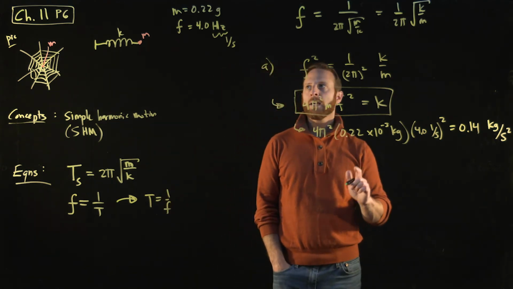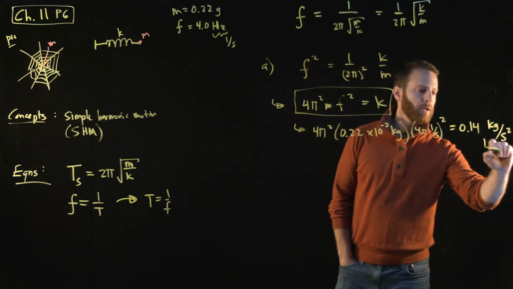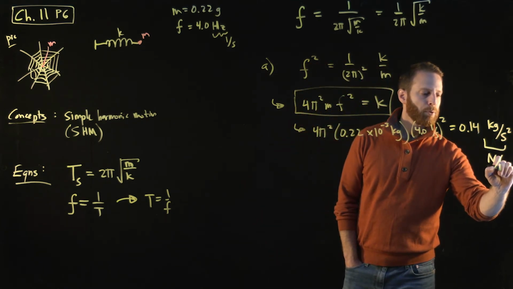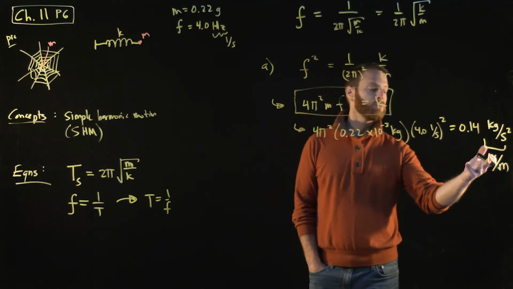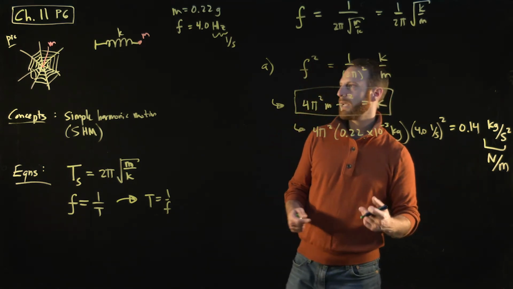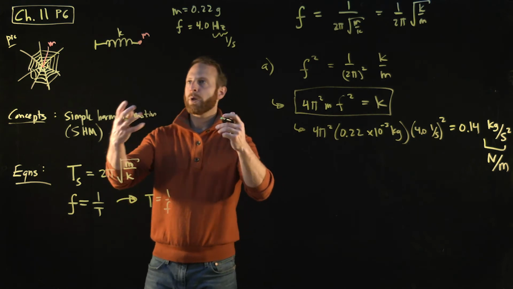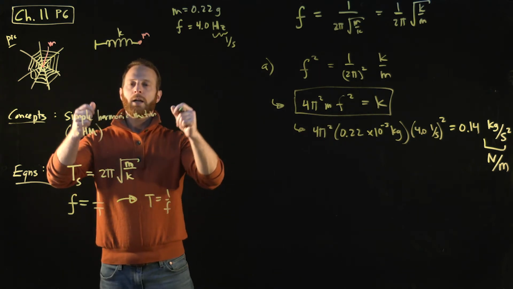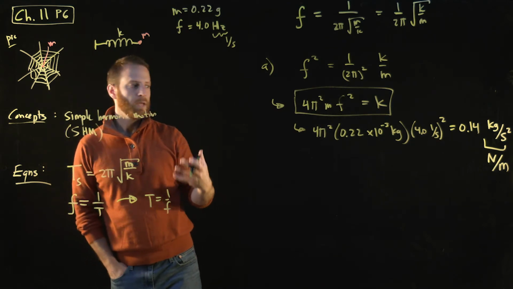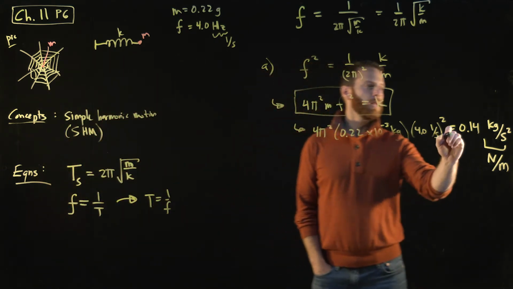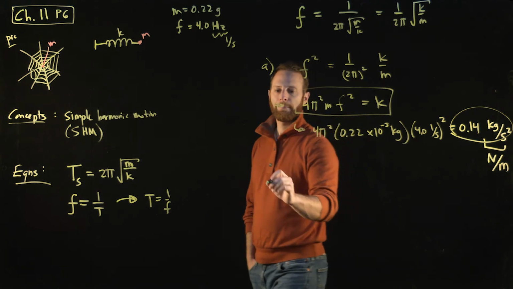Confirm for yourself that this should be the equivalent of a Newton per meter, which has much more physical significance, which tells you an amount of force per unit distance. Again, that's what should happen with a spring. Remember, the spring constant tells you for every so many meters that you push it or pull it, what's the force that you get out of it. So this should be the right unit, and that should be the answer for part A.